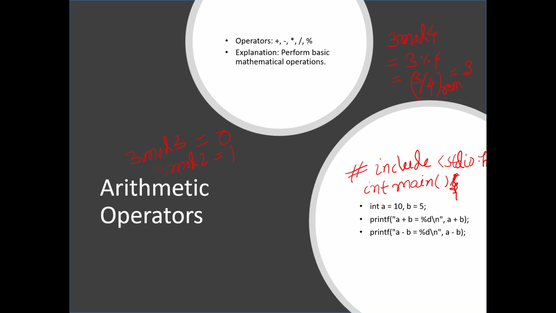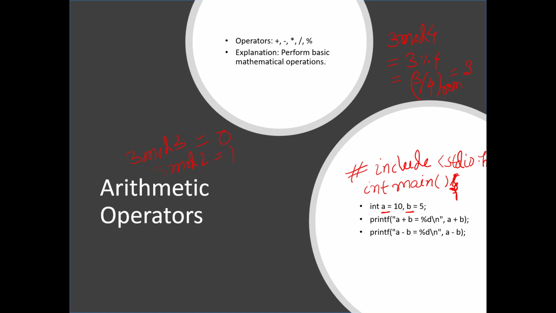Here I have taken two variables. The first one is a, which is integer type, and the second one is b, which is also an integer type, right? The value of a is initialized to 10 and the value of b is also initialized to 5.